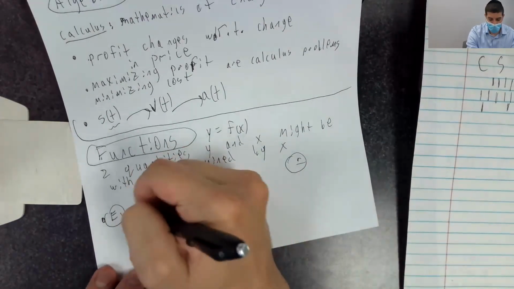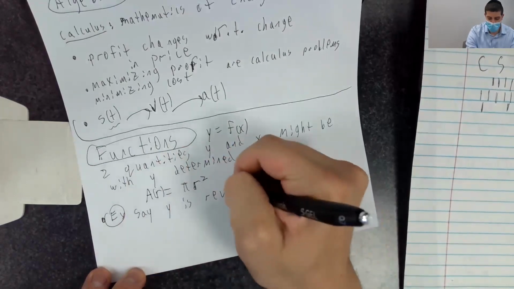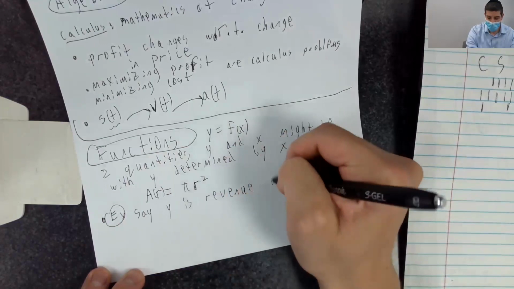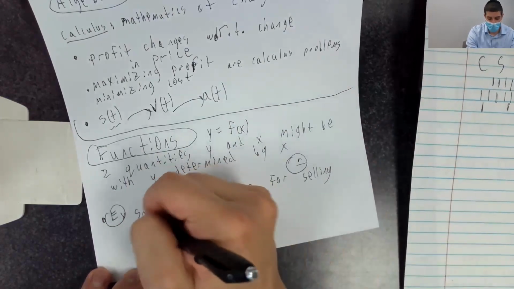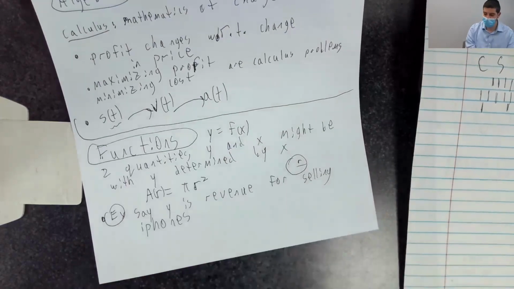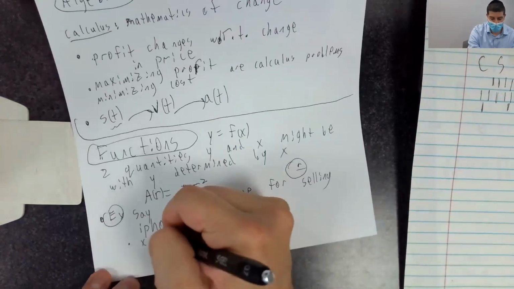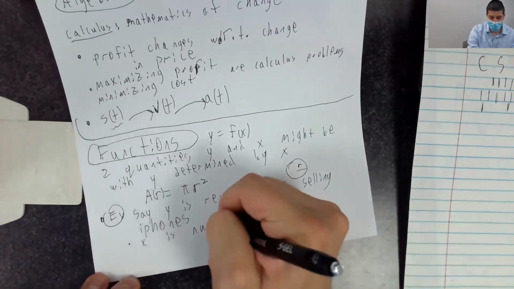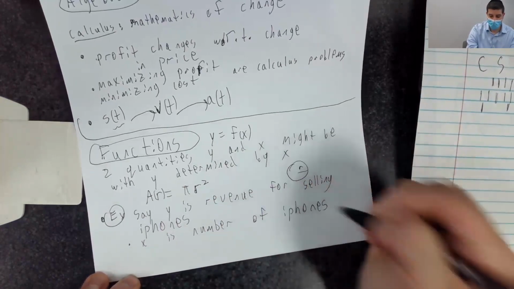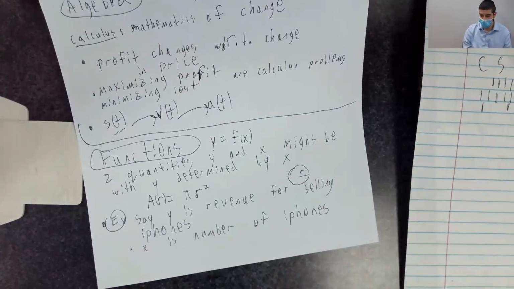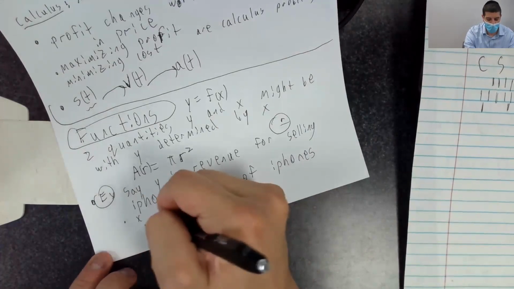So say y is your revenue for selling, doesn't really matter, let's see, iPhones, that keeps changing. X is the number of iPhones. How much does an iPhone cost now?